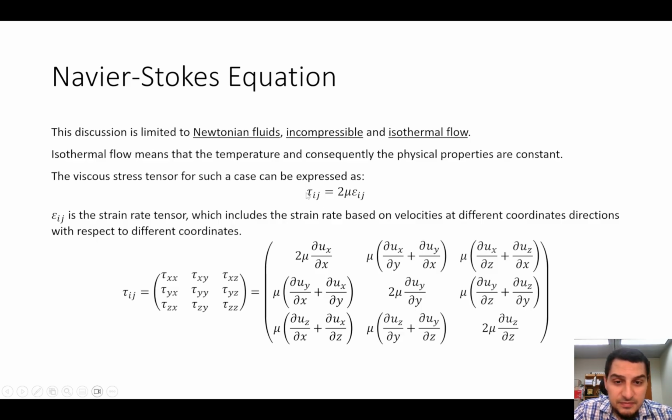Without going into details why it looks like this, this is how the shear stress tensor looks. It's 2 times mu times epsilon ij, where epsilon ij is the rate of deformation, which corresponds to du by dy before.